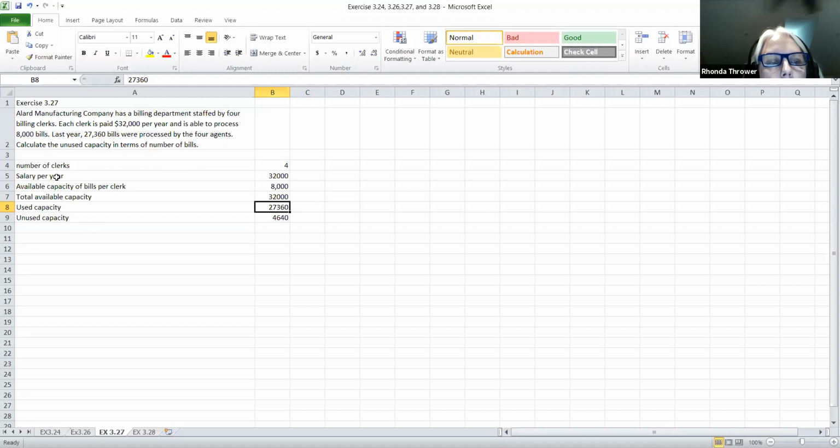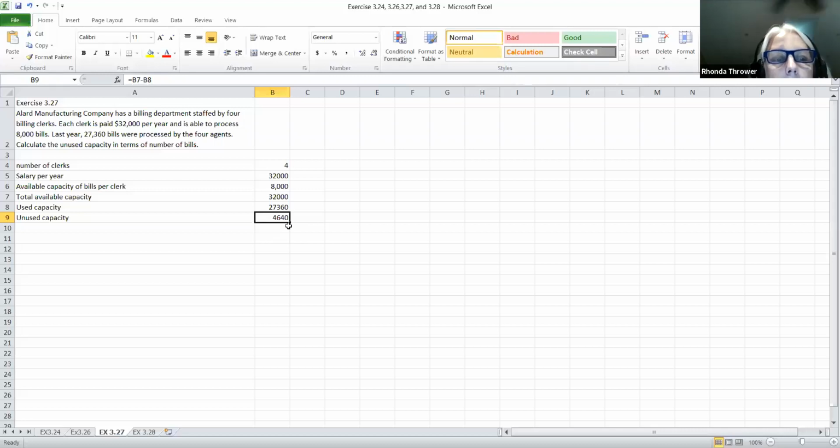To find the unused capacity, which is what they wanted you to do there, you're just simply going to subtract the used capacity from the total available, and that will give you the unused capacity. So the unused capacity in bills that were not sent was 4,640.